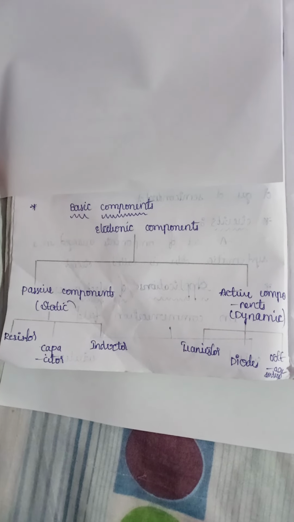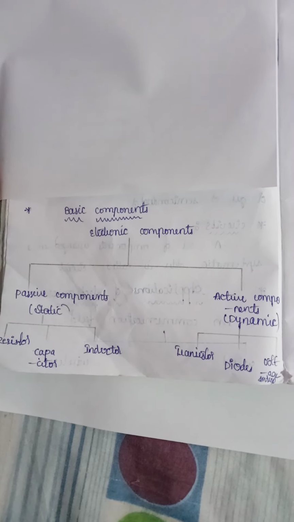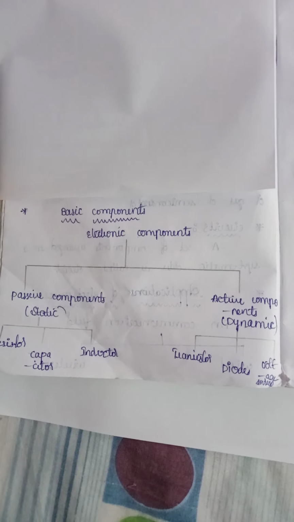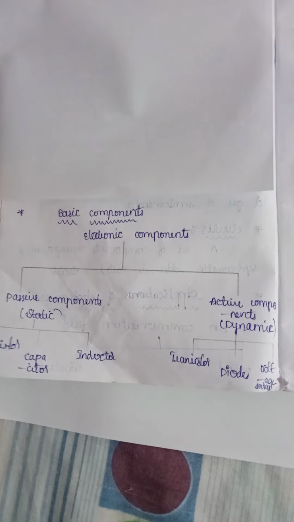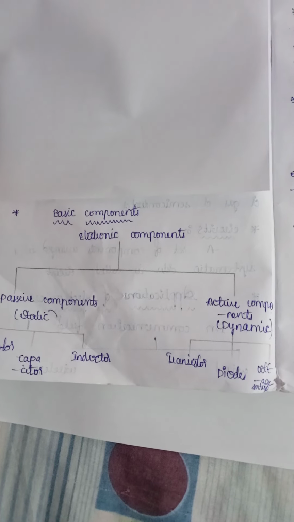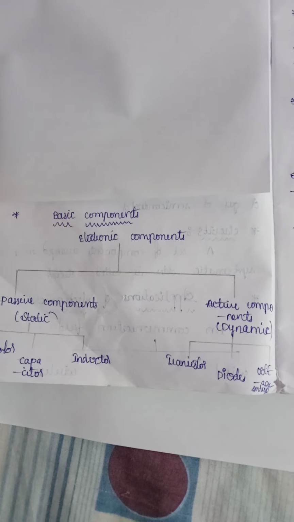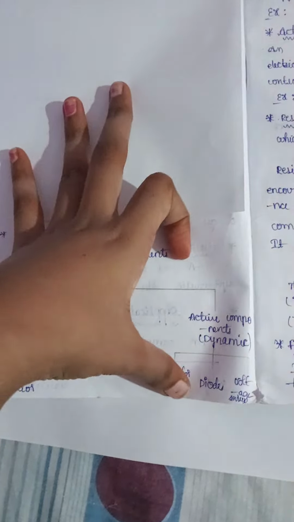In passive components, resistor, capacitor, inductors, these are the passive components. And active components, transistor, diodes, voltage sources, these all come under the active components.